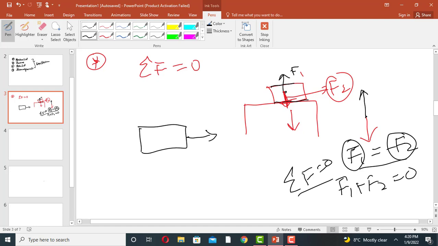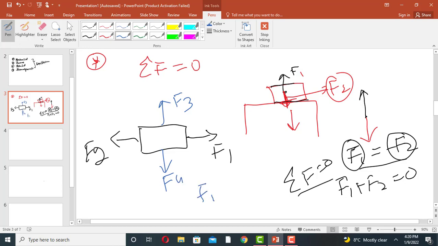Suppose this is F1, this is F2, and the two other forces are F3 and F4. If F1 is equal to F2, F2 is equal to F3, and it is equal to F4, then this body will be called in mechanical equilibrium.